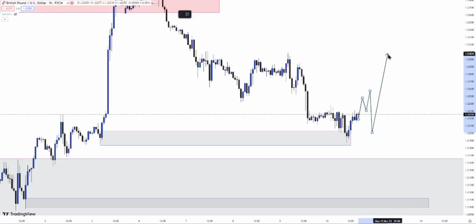But if it doesn't give us that, and price comes back down like this to take out this decisional OB here, and gives us something like this, taps on this OB, then we take price lower to this point of interest here.